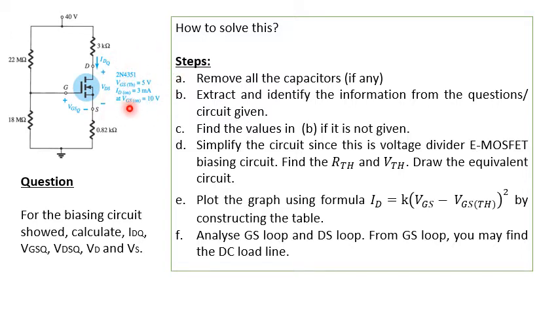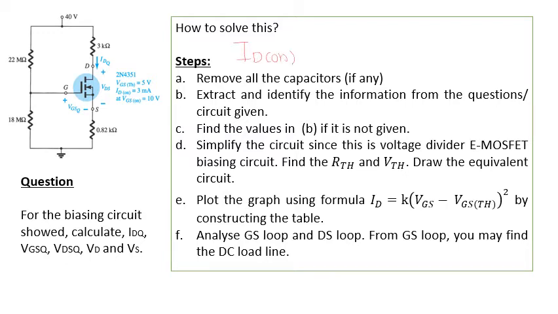If you don't have any value of the K, but since you have the ID on, the VGS on, and also the VGSTH, you can calculate it by using the formula. As I mentioned earlier, in order to calculate the value of the K, it is very important for you to write the formula related to the on condition.